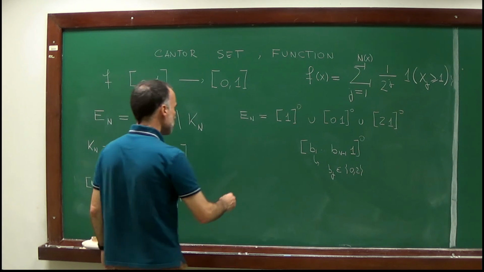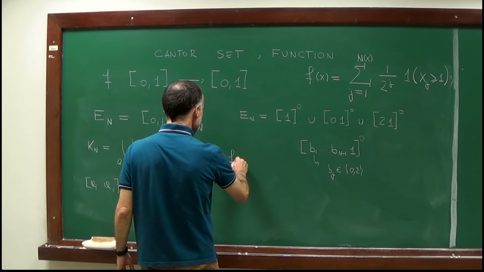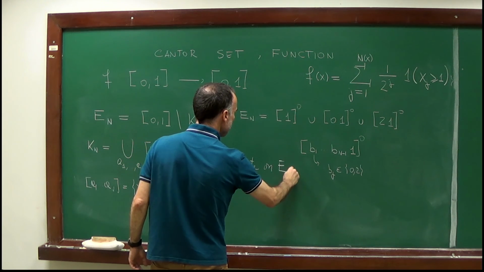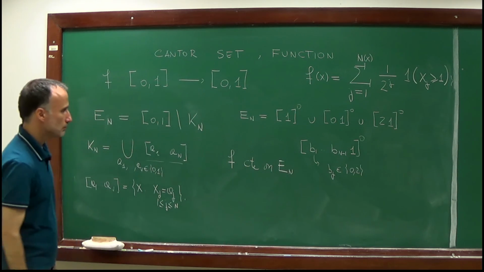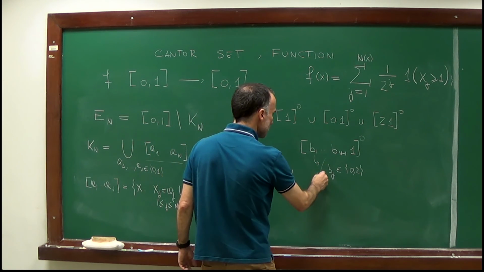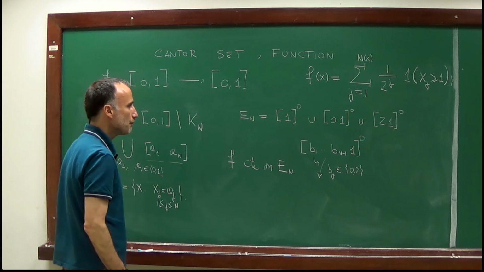And I want to prove that f is constant on E_n. So I have to show that f is constant in a set like this one.